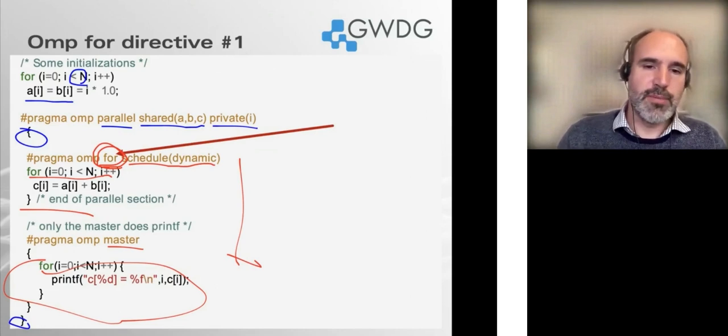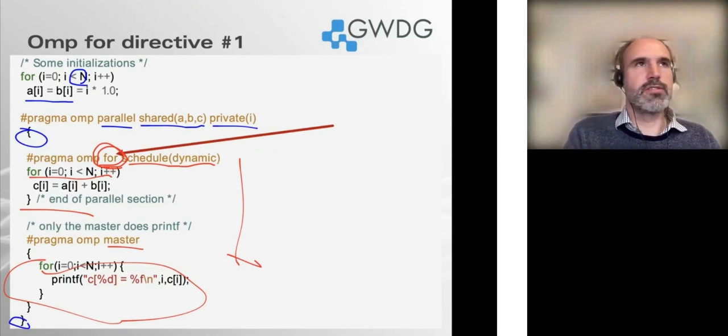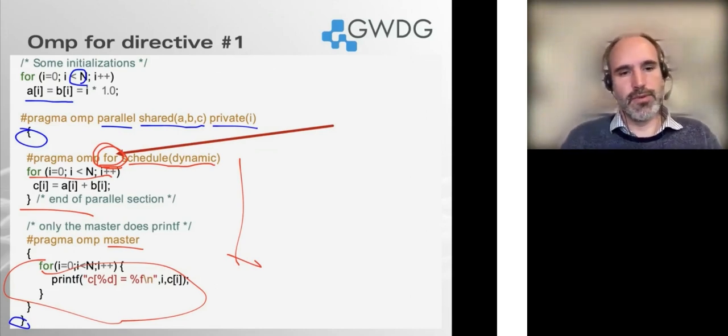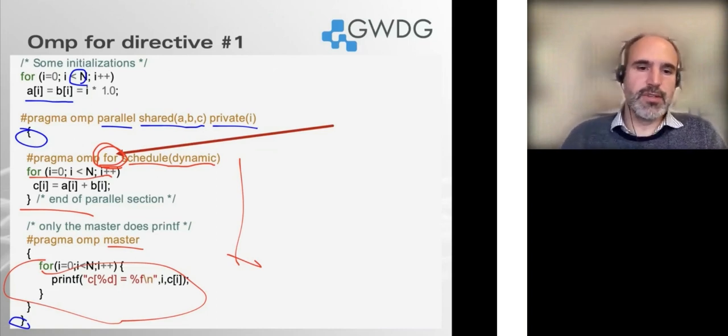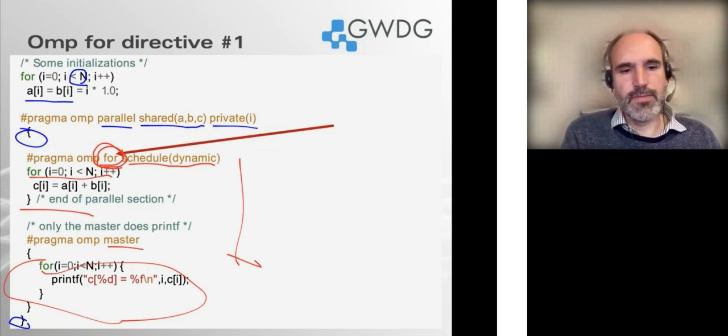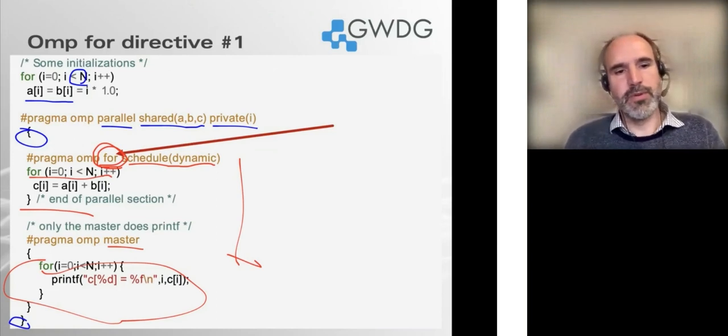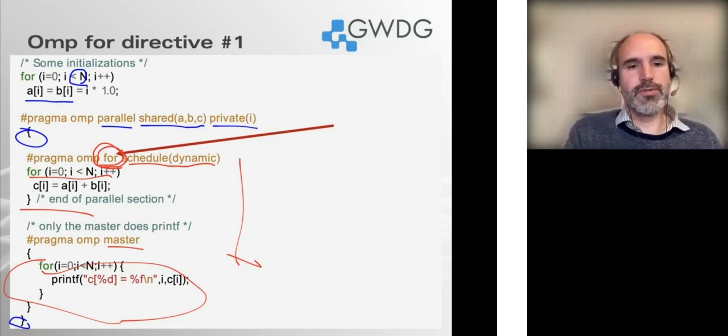But if you go dynamic, you would give a chunk size of 1,000 to thread 1, 1,000 to thread 2. But if thread 2 is already done, it will get the next chunk. So the runtime environment will decide which chunk of iterations will be executed by which thread, if the schedule is dynamic.